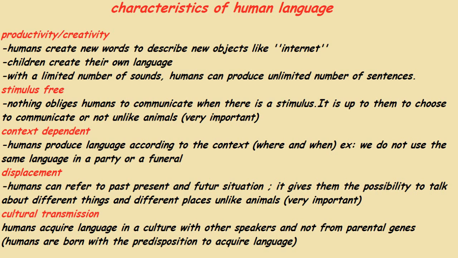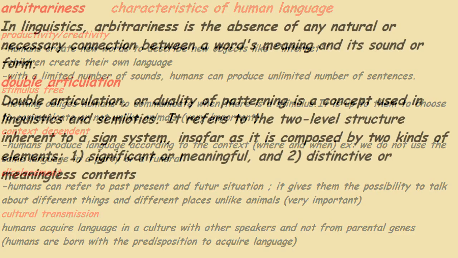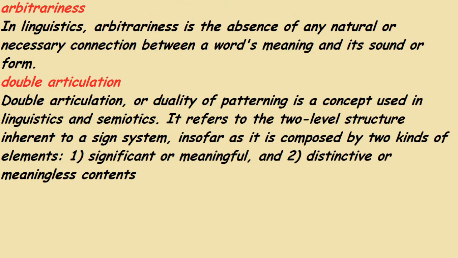And then we have arbitrariness. Arbitrariness is quite important in terms of characteristics of human language. Arbitrariness means that there is no natural relationship between a word and the meaning it describes, which means the meaning is arbitrary.